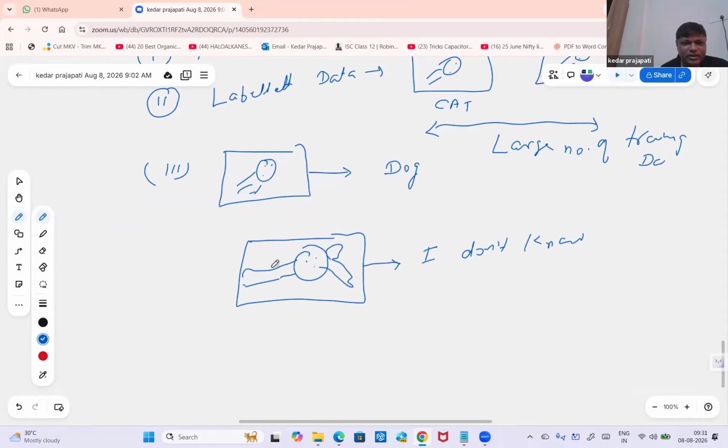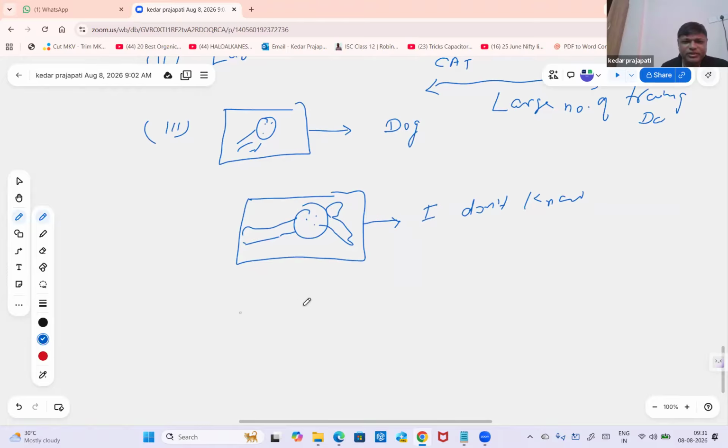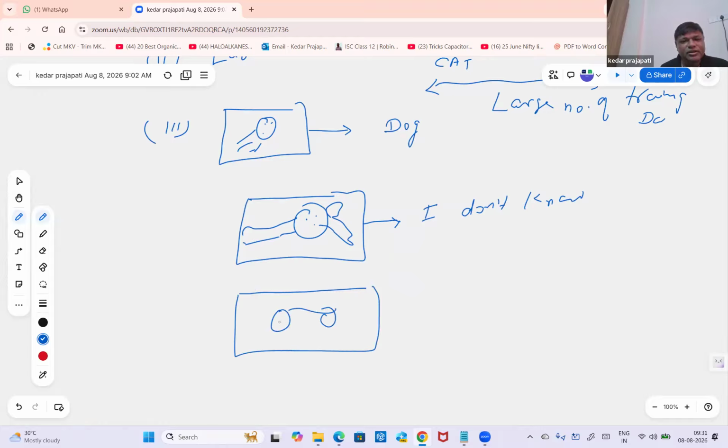So I have given the image of a lion and we have not written here cat, dog or lion. The machine has already learned how a cat looks, how a dog looks, and it has everything in its memory. So when it sees a lion, it will say that I do not have this information. If you are giving an image of a bike, you have not written bike here, so it will say that I don't have this information, so I don't know.